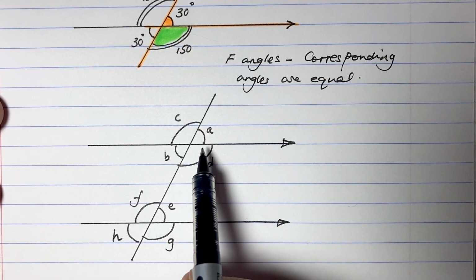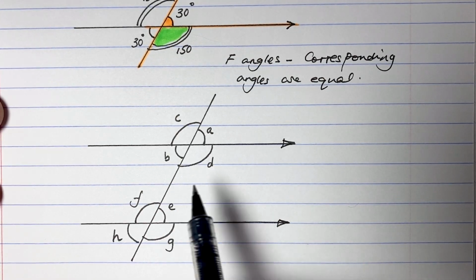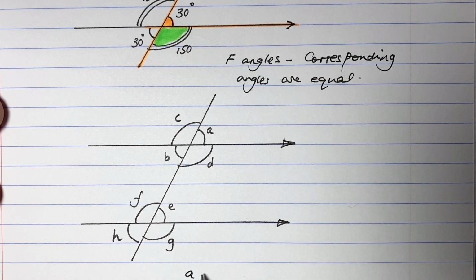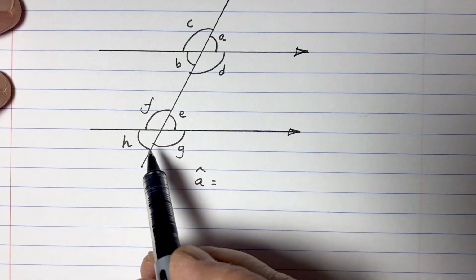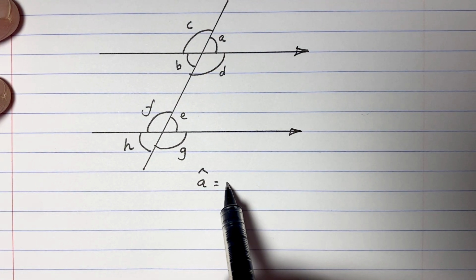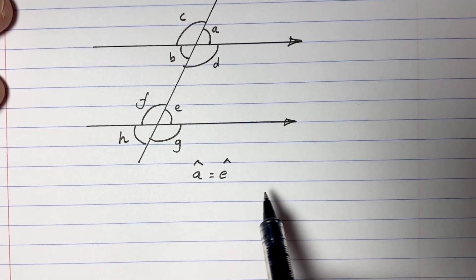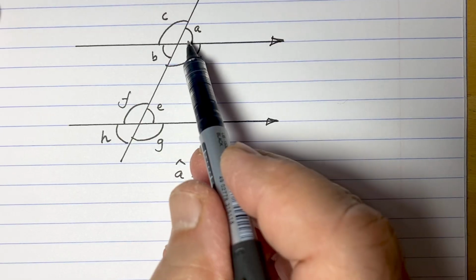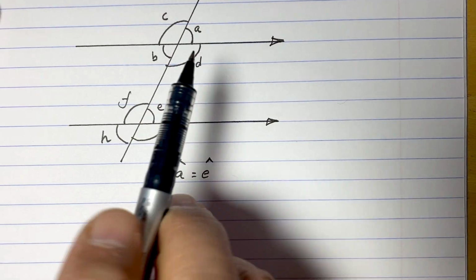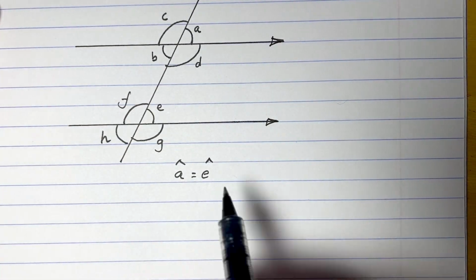So you can see now angle A equals angle E. A and E are the same size angle. They're on the same side.